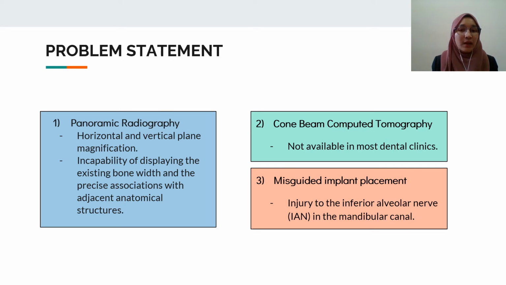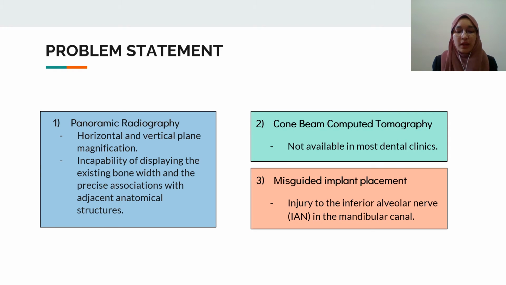The problems that arise from these two imaging modalities will restrict the oral surgeon from performing an accurate presurgical implant assessment and lead to a wrong placement of the implant, followed by injury to the inferior alveolar nerve or IAN in the mandibular canal.